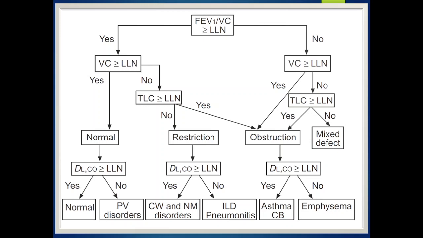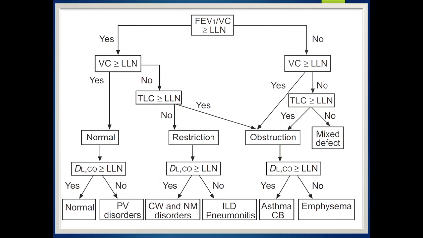If the patient still has symptoms, then we should do a DLCO. If the DLCO is normal, this is a normal patient. If the DLCO is low, then you think about isolated pulmonary vascular disorders like pulmonary hypertension.